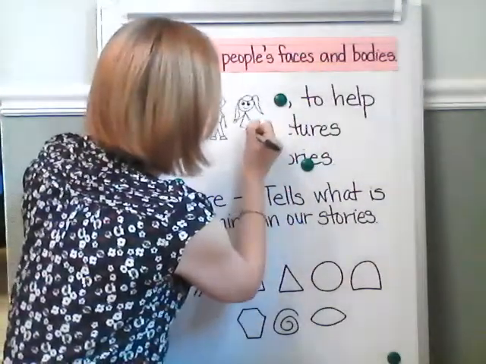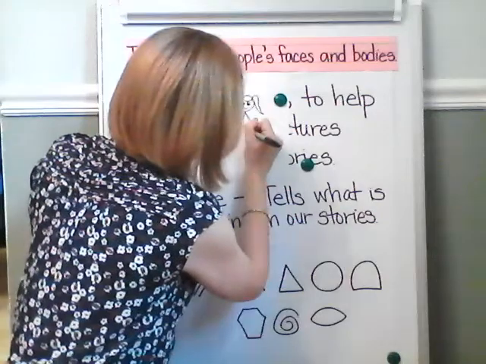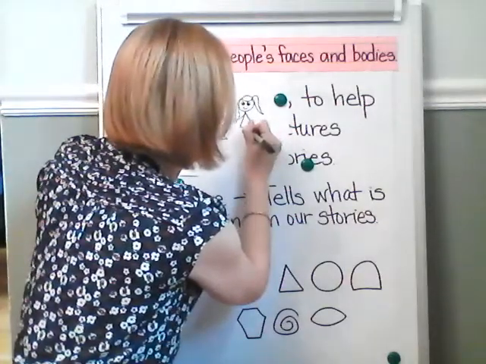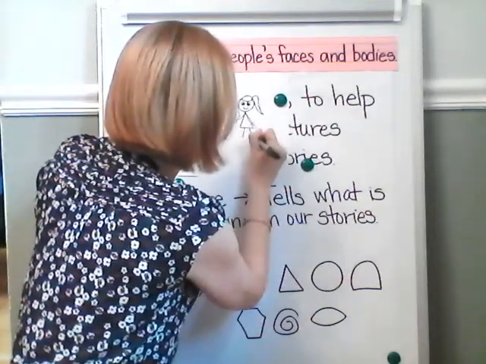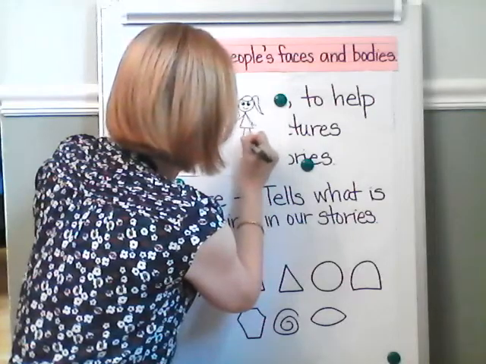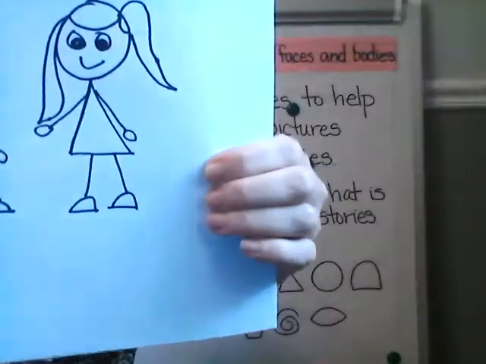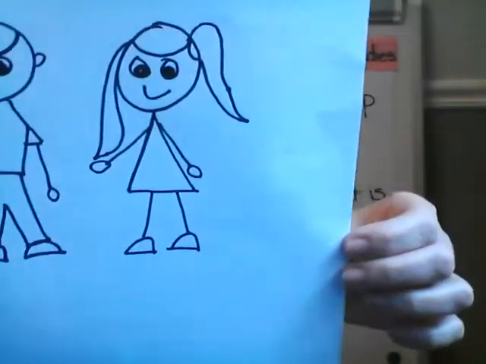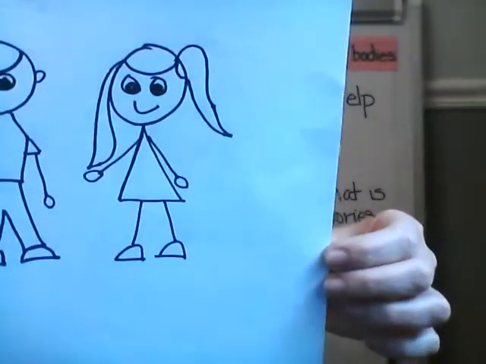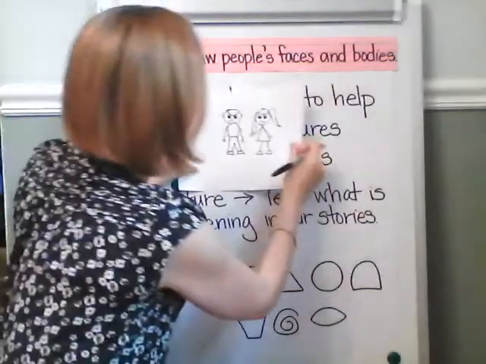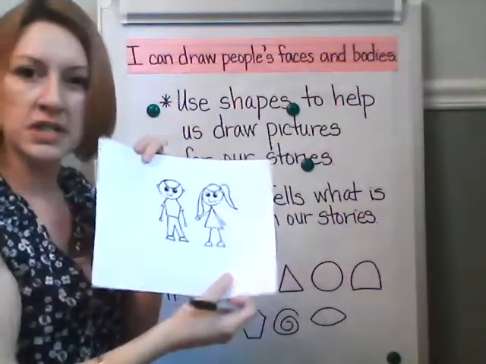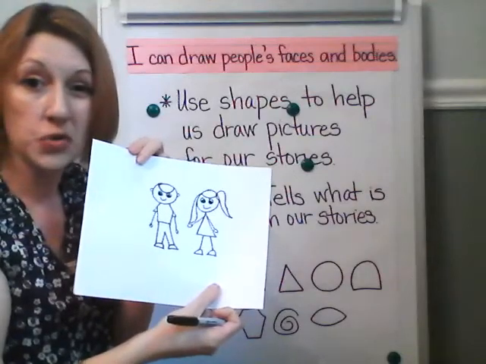And then maybe I have, now we could do like that, right? Do you see how I use shapes to help me draw people's faces and bodies? All right. So this is just one idea that you could do using shapes.